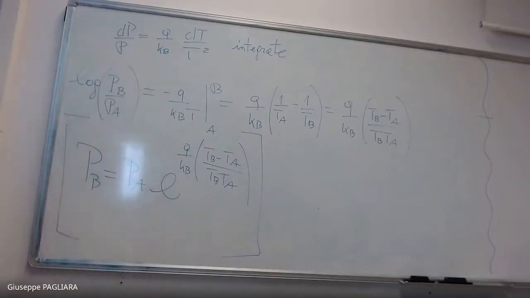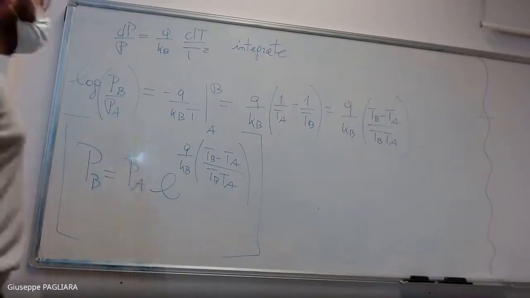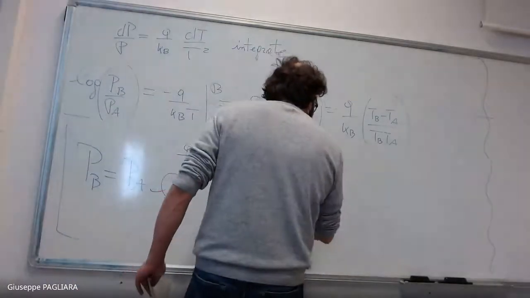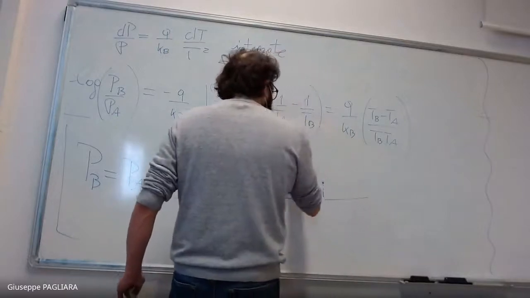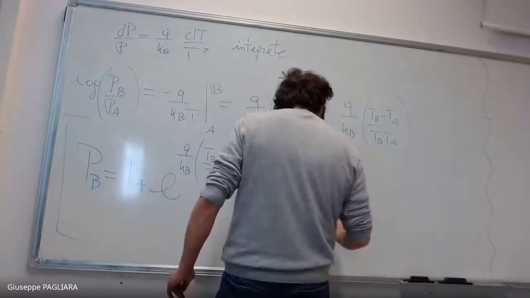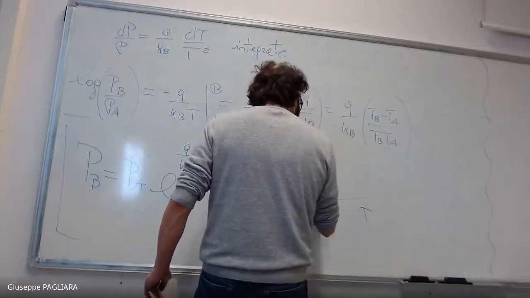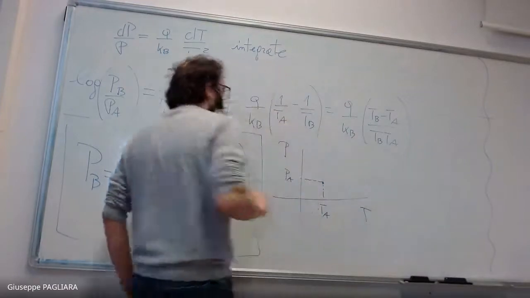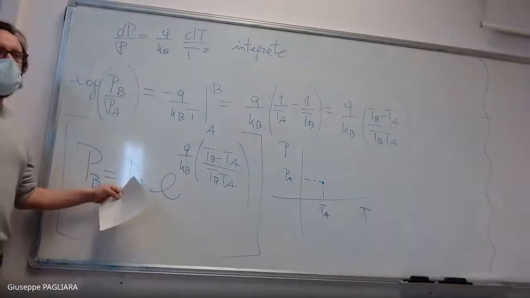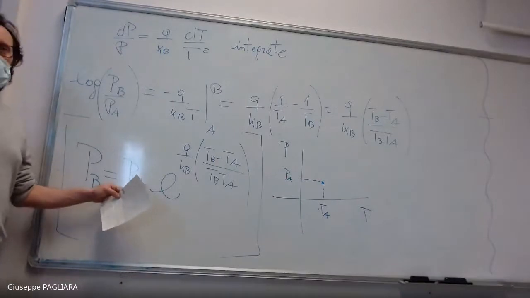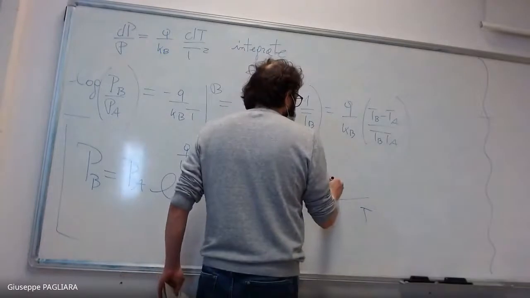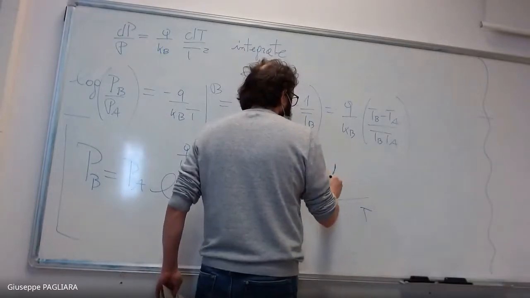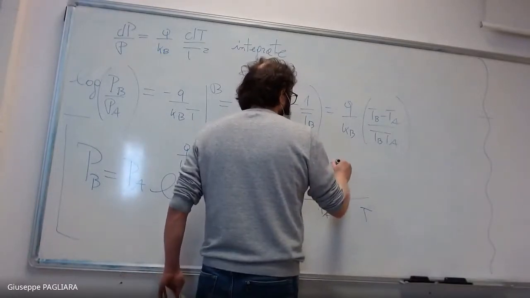Of course, now TA and PA are fixed, and what the equation is telling me is that if I have P and T, with this PA, as a function of B we have an exponential. So to a good approximation, the first order phase transition line between liquid and gas is an exponential.